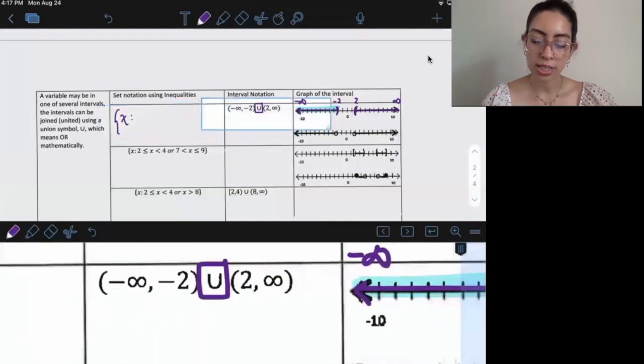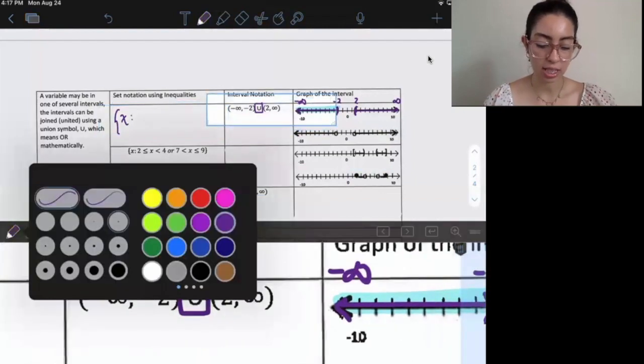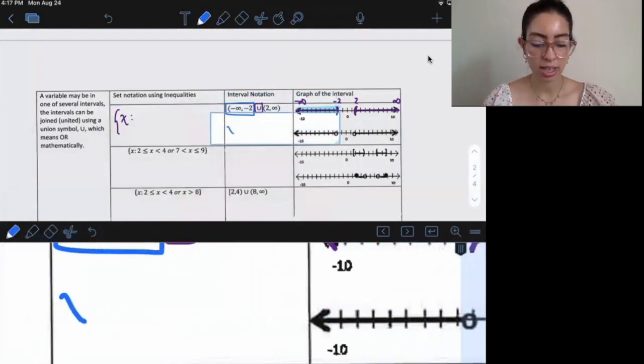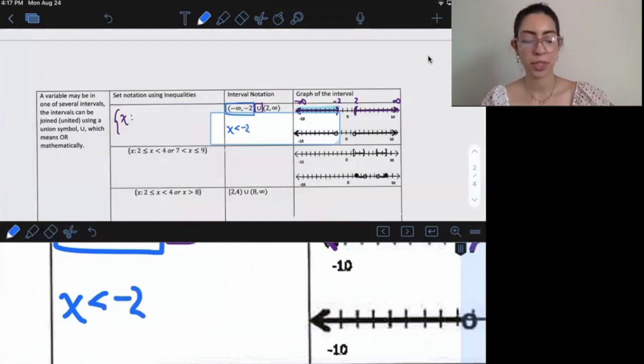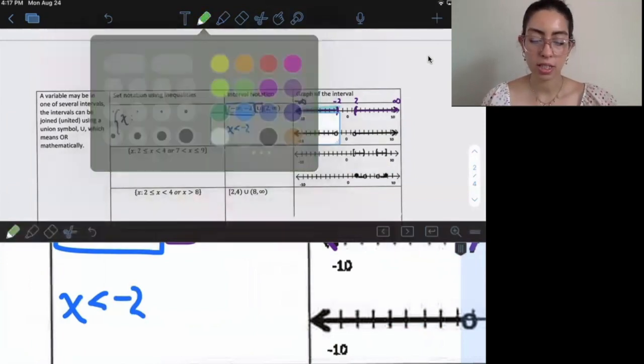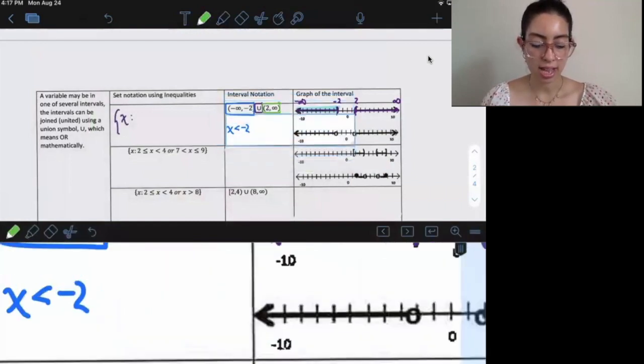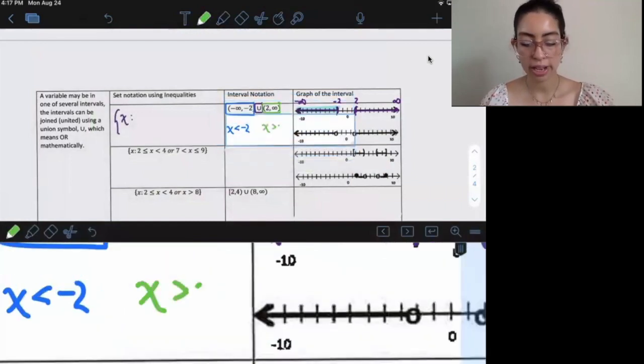So the first set, and we can think of it as this first interval there, I would write that as X is less than -2. Right? So that's the first piece. And the second piece, 2 to infinity, I would write that as X is greater than 2.